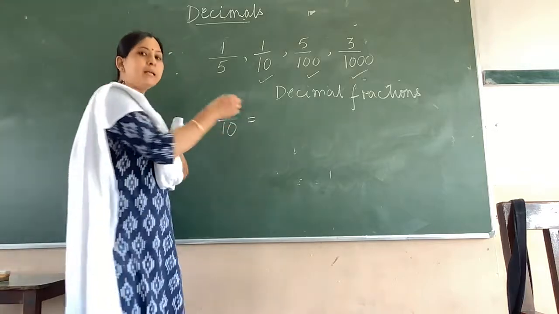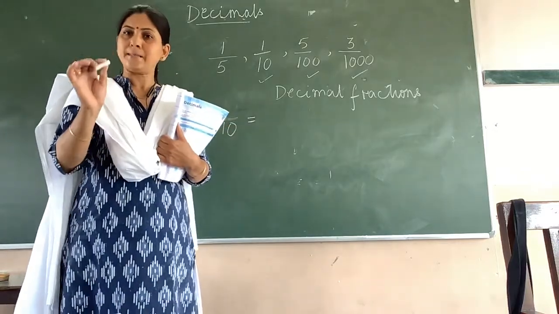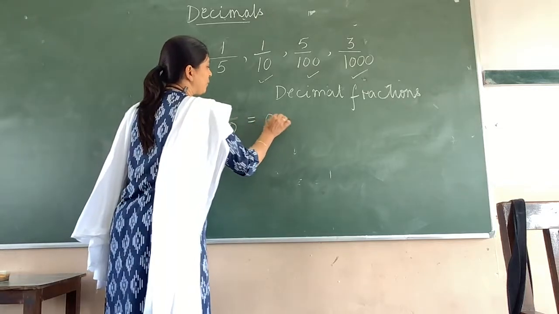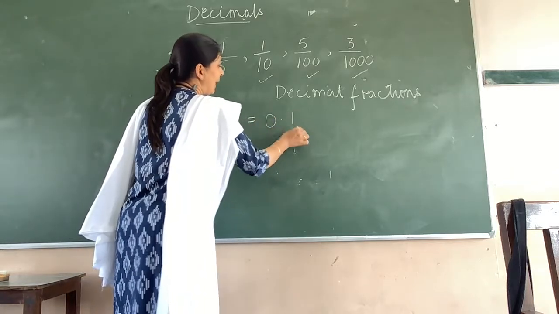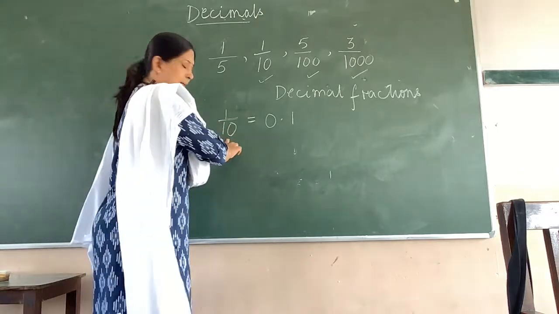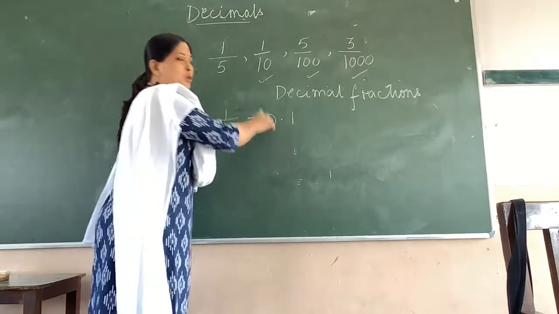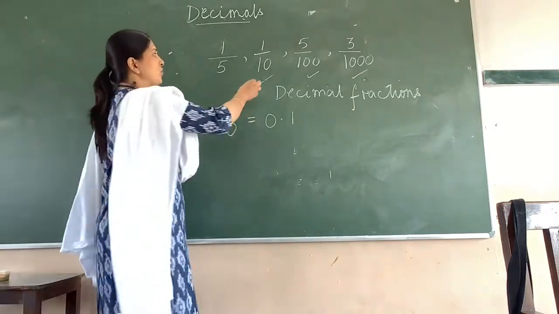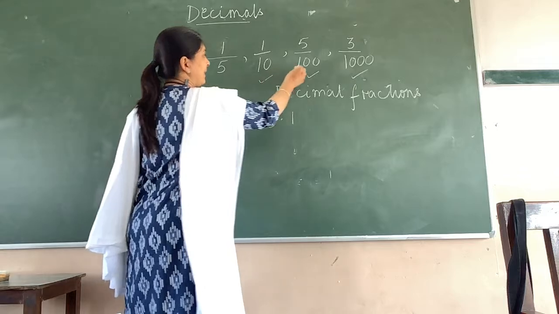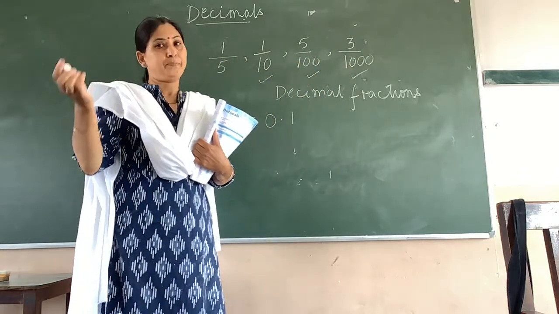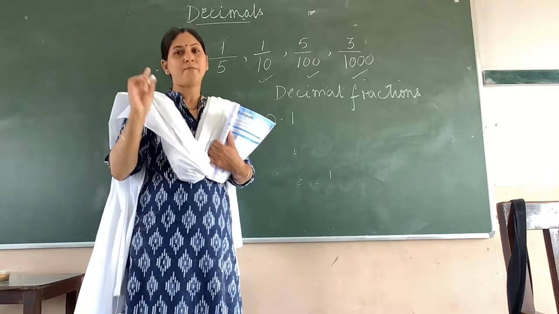A fraction can be written in a decimal form. Decimal means point. We can write it like this, 0.1. I'll explain how to write this later, but fractions can also be written in decimal form. So fractions which have denominators like 10, 100 and 1000 or the multiples of 10 are called decimal fractions.